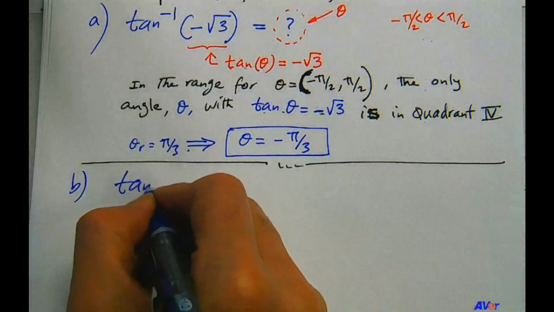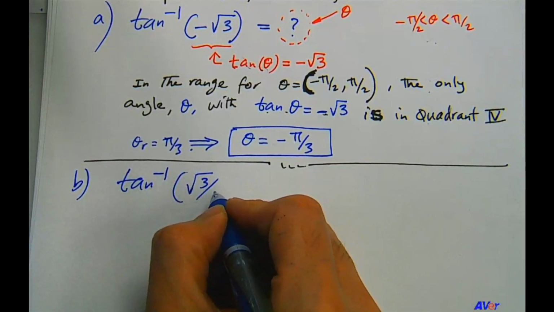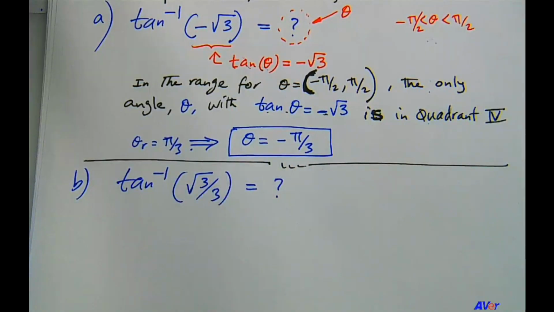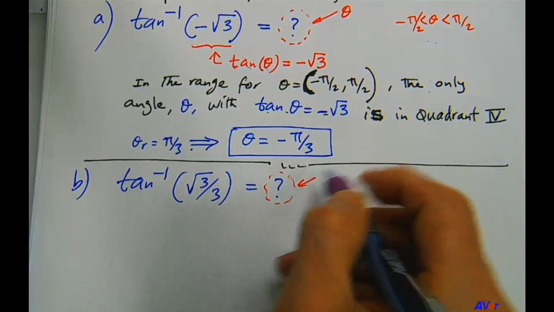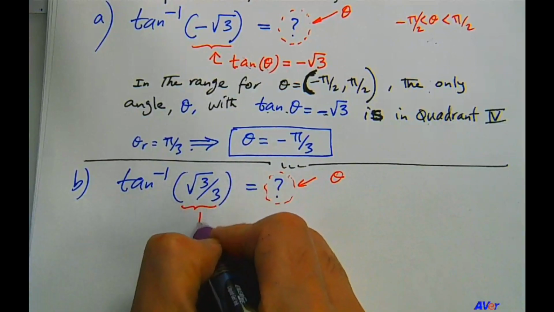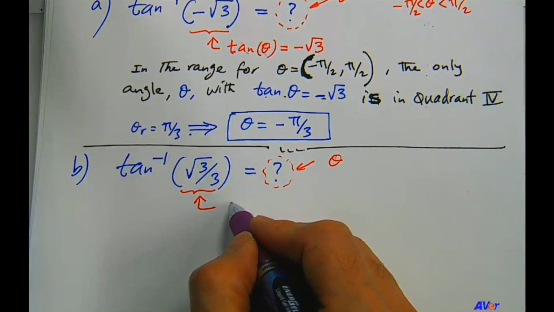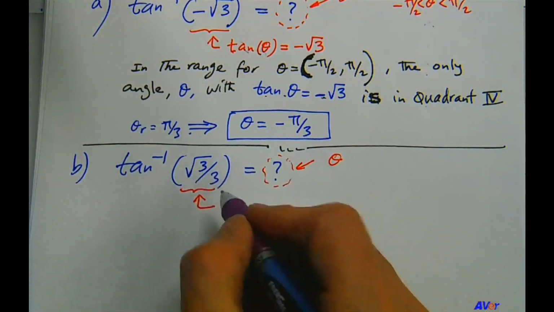So we want to find the inverse tangent of square root of 3 over 3 equals the question mark. Of course, because this is inverse tangent, that means this question mark has to be an angle, so we must have a theta for which if we take the tangent of that angle, we get this result.